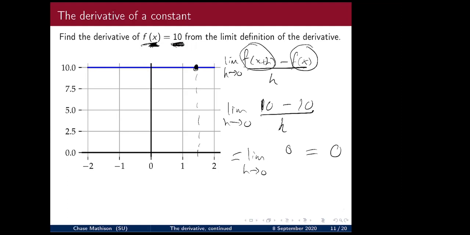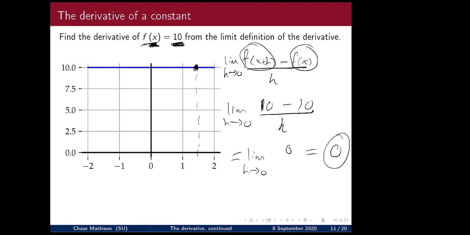So you can see that 10 didn't really play a special role here. I could have plugged in any constant number there, and this process would have shaken out the exact same way. I would have taken whatever constant minus that same constant, and still gotten 0 on top every time.